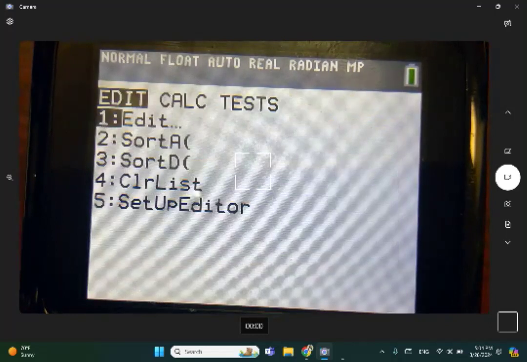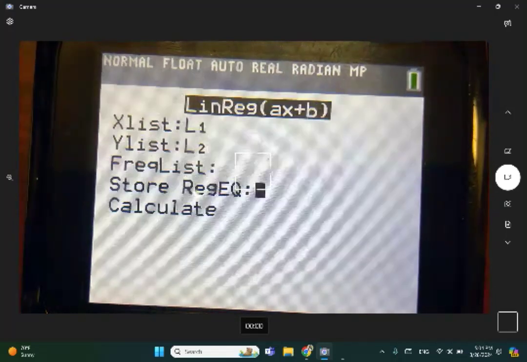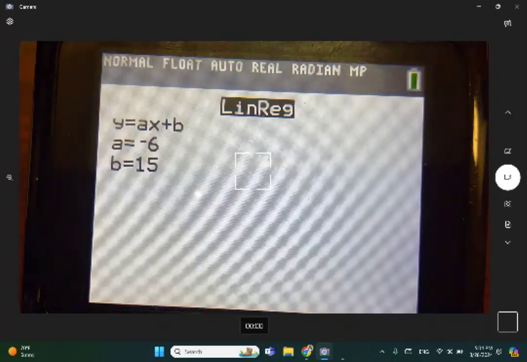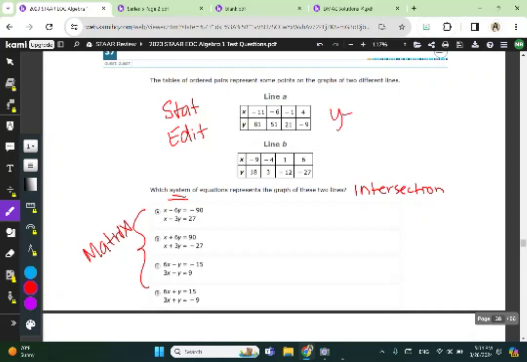Stat calc, number 4, down to store, alpha trace, enter, enter, enter. And that is the first equation of the line. Y is equal to negative 6x plus 15.